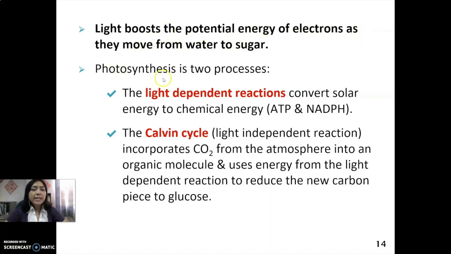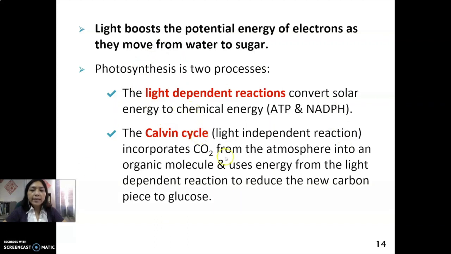Photosynthesis can be further divided into two processes. The first is the light-dependent reaction, which depends on the sunlight. The sunlight is the main thing here, which is converted into chemical energy, ATP and NADPH. The other process is known as the light-independent reaction, also known as the Calvin cycle.